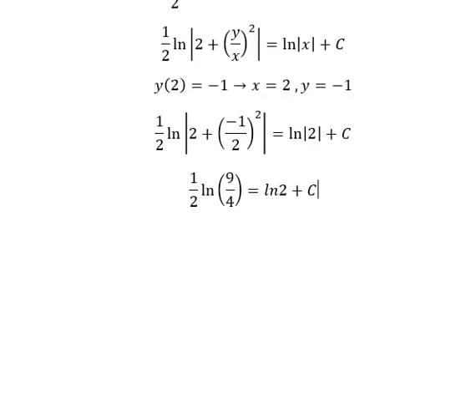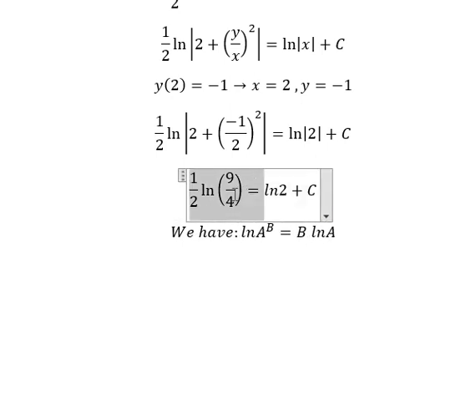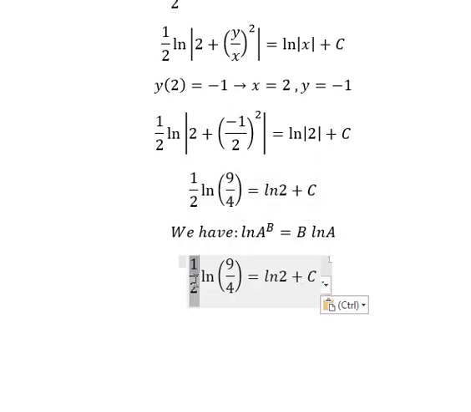Next, we have the formula in here. So b Ln a, that is this one. Now we need to transform this one into this one. And we have like this.